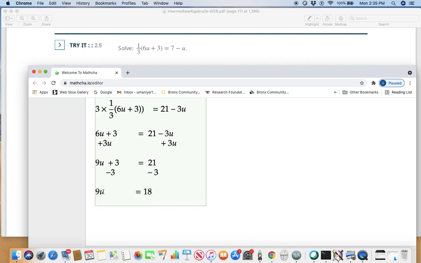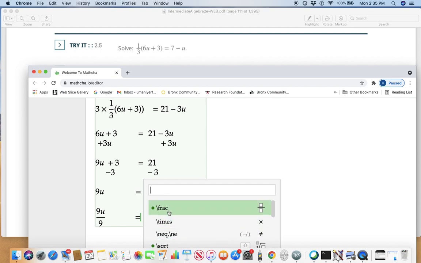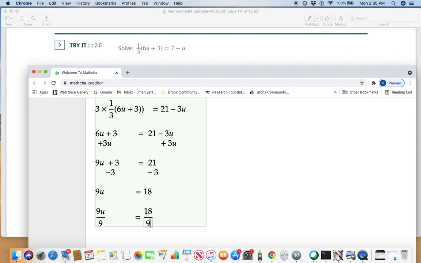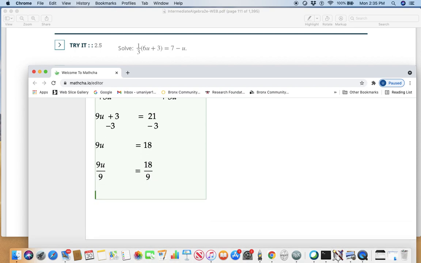Now I want to divide both sides by 9 because 9 multiplies the u. So 9u over 9 equals 18 over 9. This gives me u equals 2.